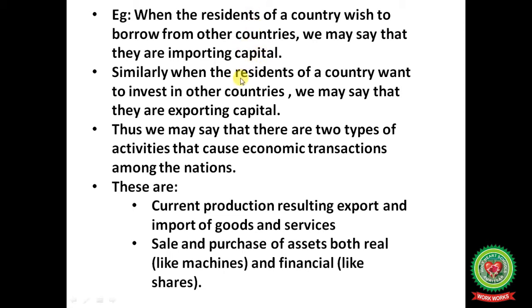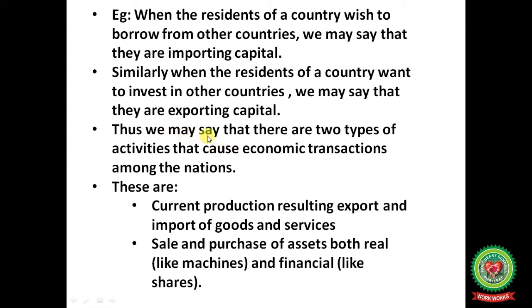And in the same way, if I invest my money to set up any company or any plant in the USA, that means that I am exporting capital.